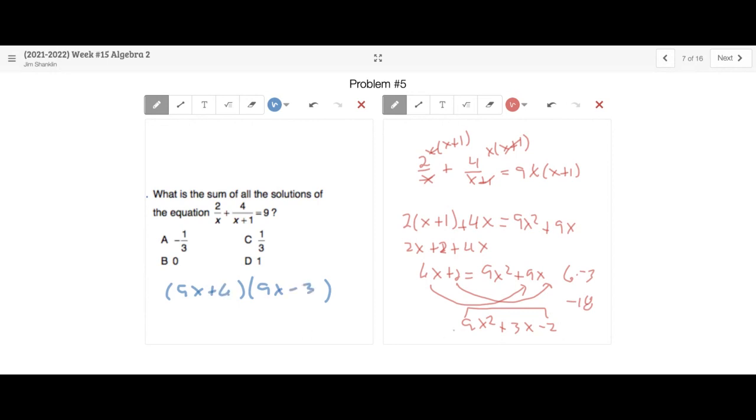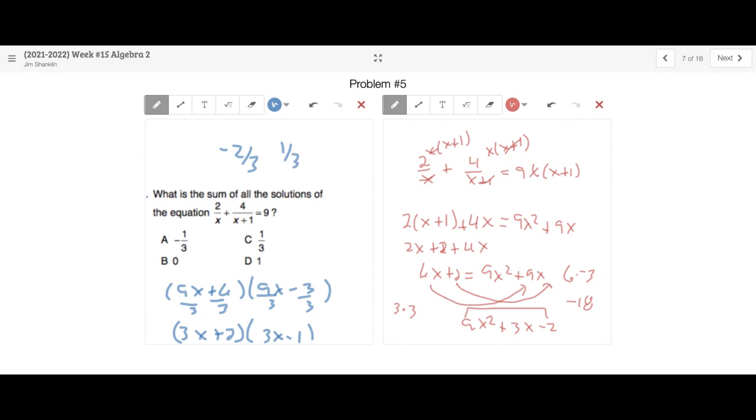Since I cheated with a 9, I have to divide out a 9, but there's no way I'm going to divide a 9 out of those. So I'm going to do 3 times 3. I'm going to divide a 3 out of this parenthesis and a 3 out of this one. So I'm left with 3x plus 2 and 3x minus 1. So my solutions are negative 2/3 and 1/3.